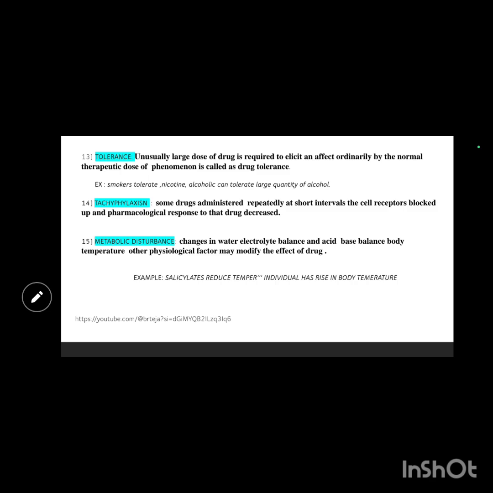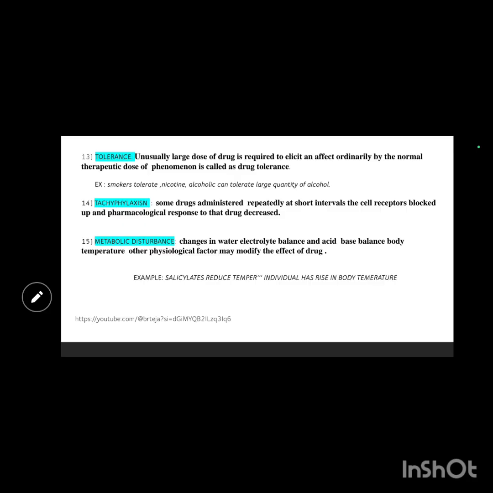They reduce the temperature only when it is raised. This is called metabolic disturbances.